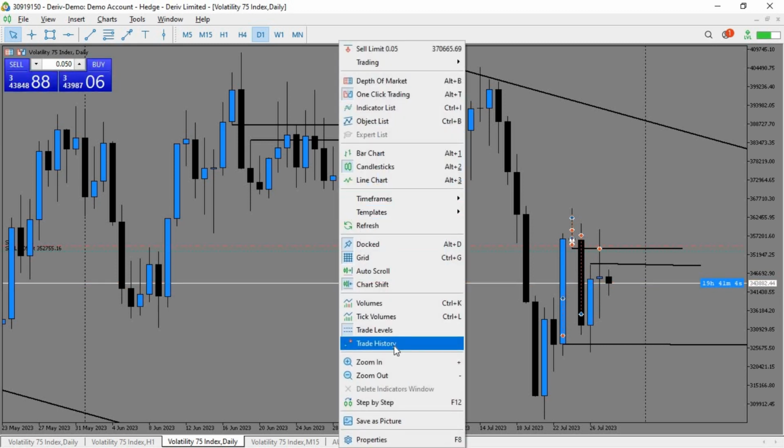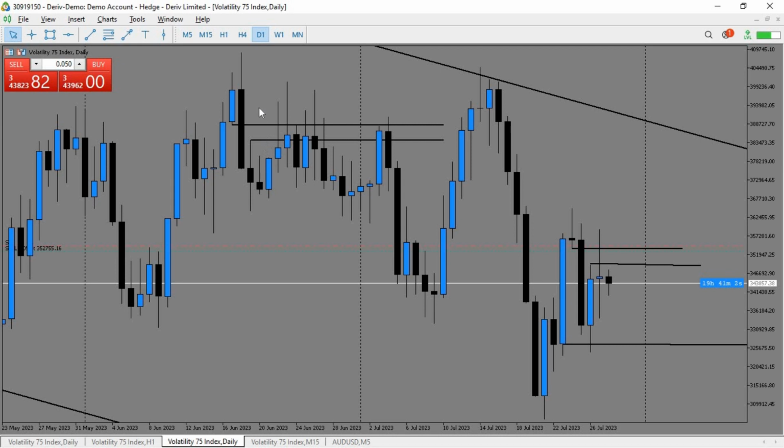Okay, so basically this is what I use, this inefficiency, and then I added psychological levels. If I teach anybody psychological levels, that's even the best support and resistance. I don't need to teach you. I don't prefer the normal support and resistance they taught us with when we started trading forex.